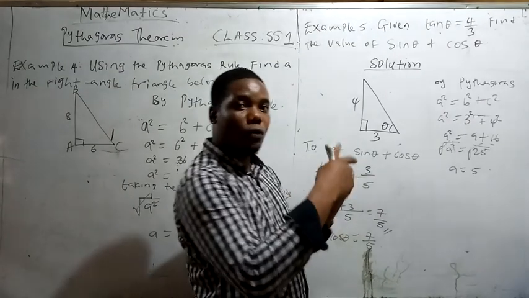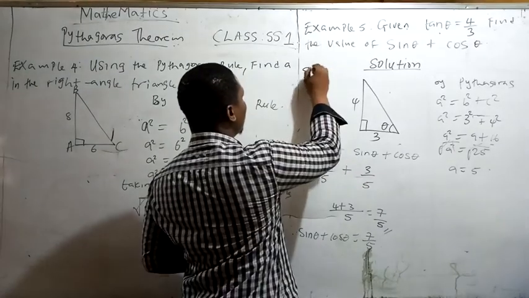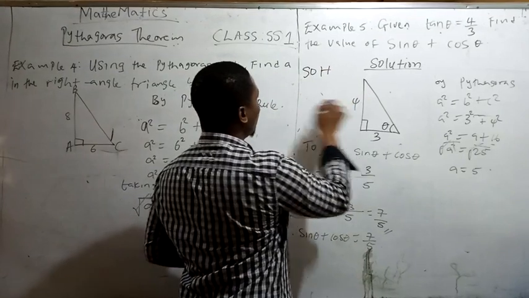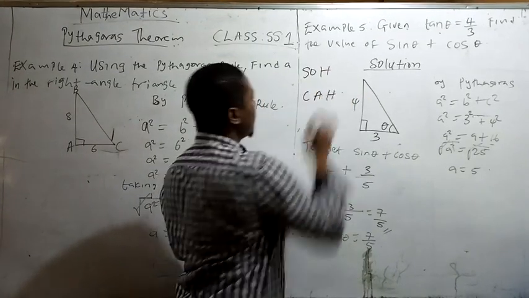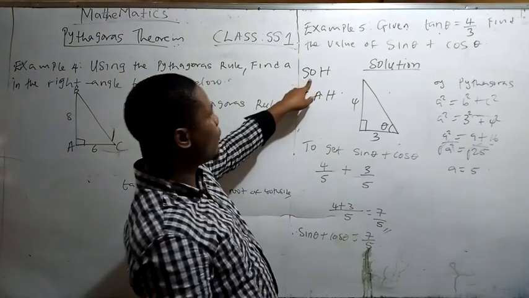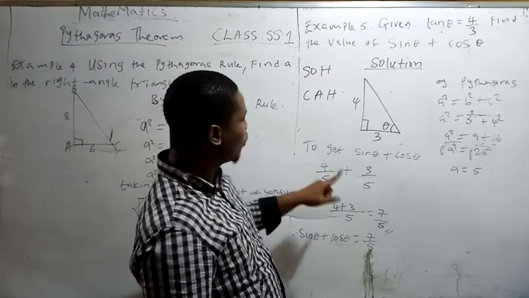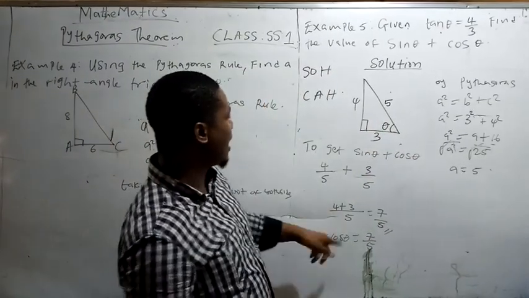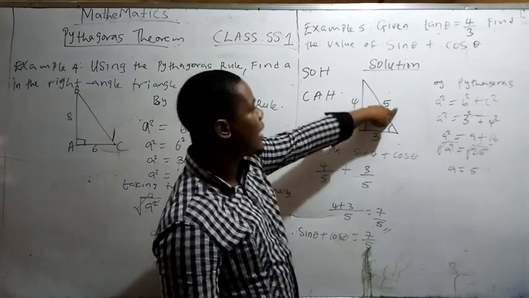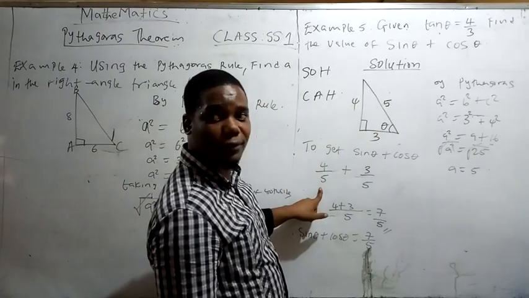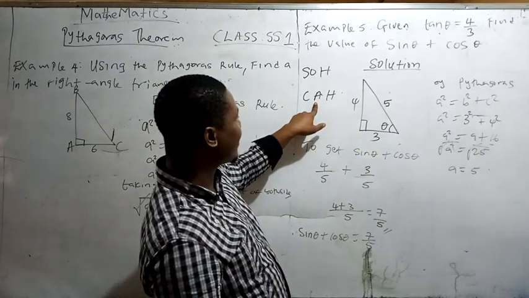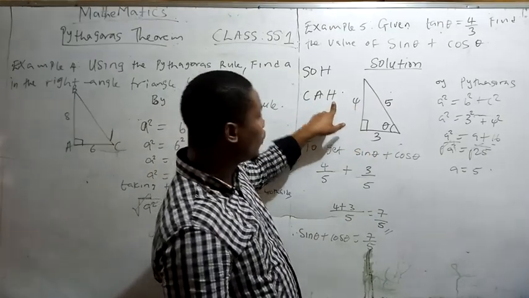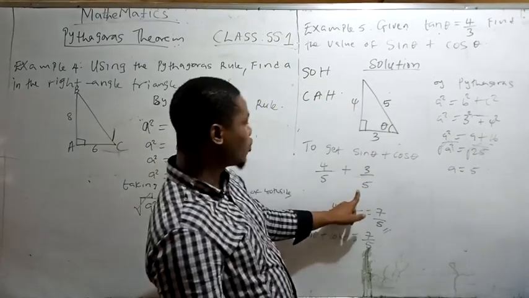Sine is opposite over hypotenuse, which is, if 5 is here, 4 over 5. Then my cos is adjacent over hypotenuse, which is 3 over 5, which is what I've written here.